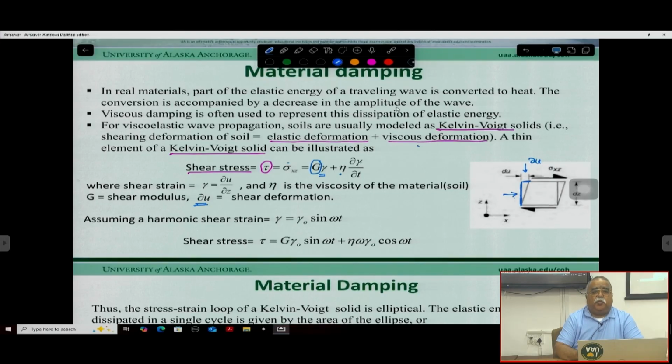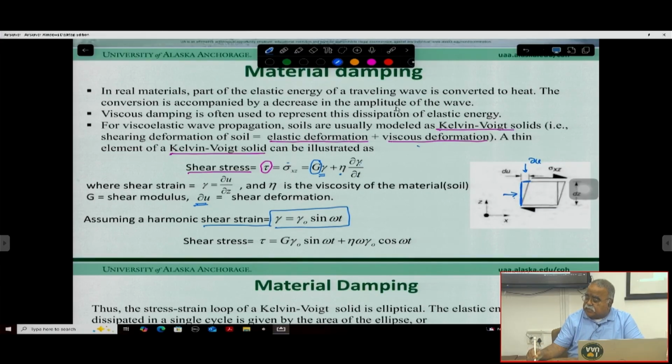That's the main part. For a solid, for a soil sample, we have this relation between stress and strain. There is a strain part, and then there is a part for how the strain changes with time, right? Now, if we assume that the strain being developed is sinusoidal in nature, that means the strain varies with time, and we assume that the shear strain for a simple model is a sinusoid.